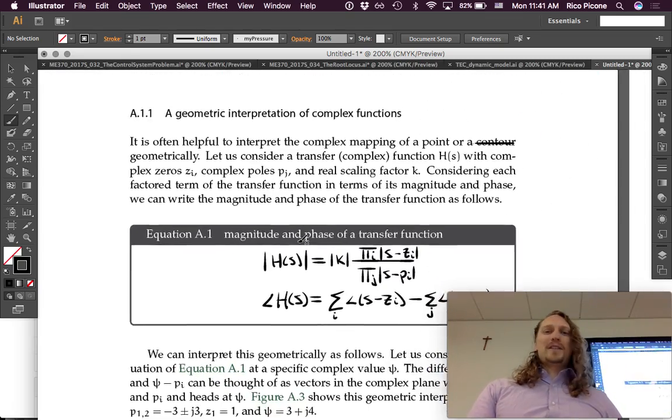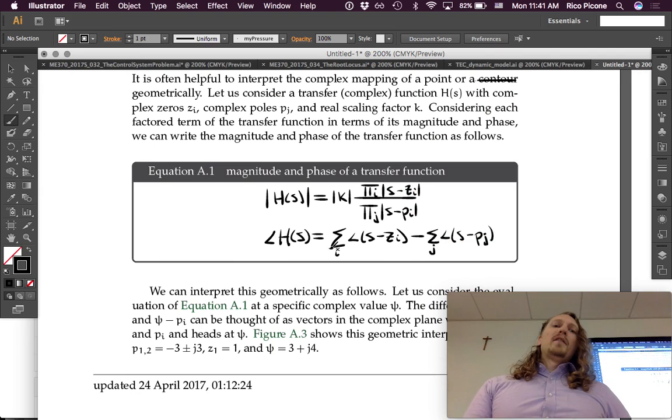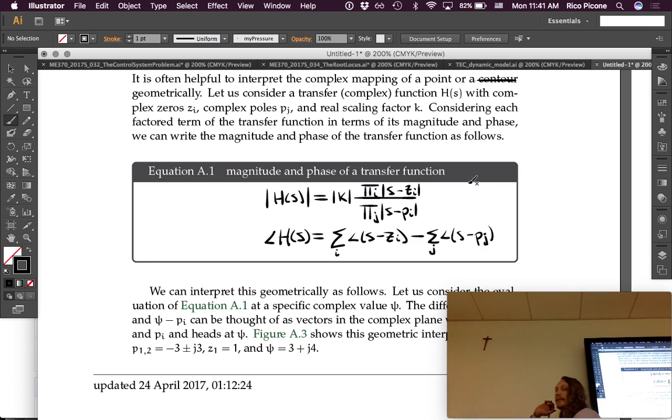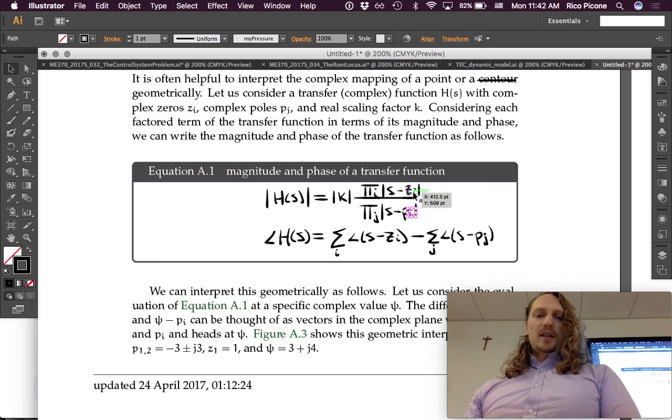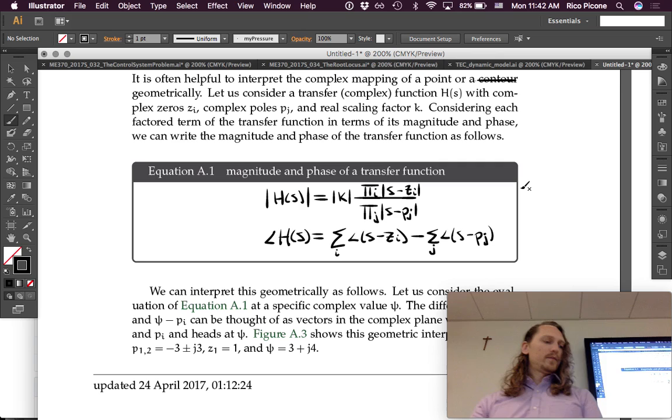Sounds kind of familiar. That's why the zero phases add and the pole phases subtract, and the zeros divide by the poles in the magnitude. Now in the magnitude, is it s minus pi or pj? Oh yeah, that was pj. I apologize, I changed my index. There we go.